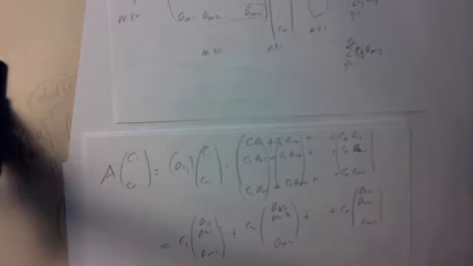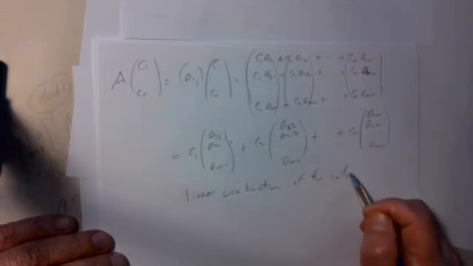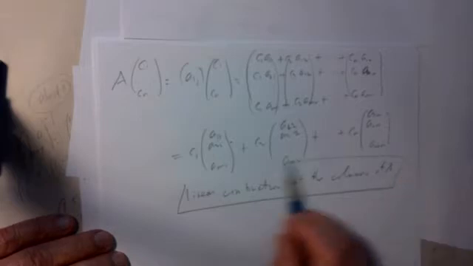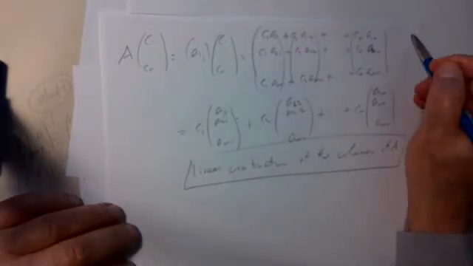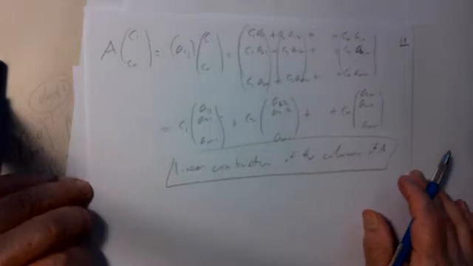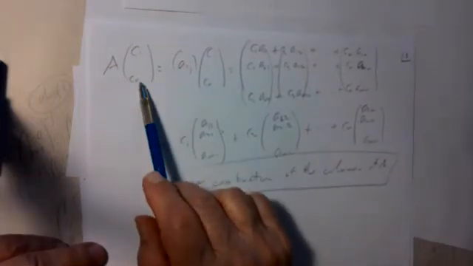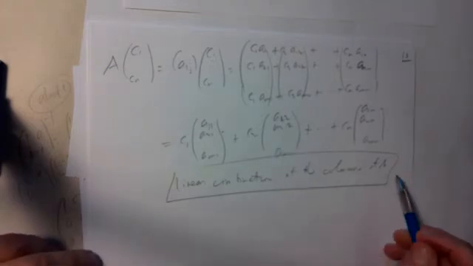This is a linear combination of the columns of A. So this is really a very fundamental point that you just need to remember all the time. When you take a matrix times a column vector, that gives you a linear combination of the columns of the matrix.